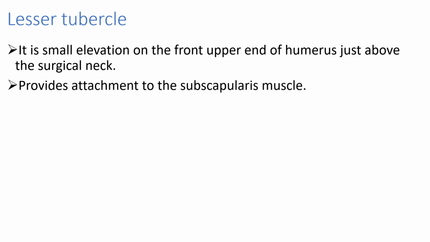Then the lesser tubercle is a small elevation at the front upper end of the humerus, just above the surgical neck, and it provides a site for attachment of the subscapularis muscle. So the four rotator cuff muscles are the supraspinatus, infraspinatus, teres minor, and the subscapularis. The first three, the SIT muscles, attach at the greater tubercle, and the subscapularis attaches at the lesser tubercle.